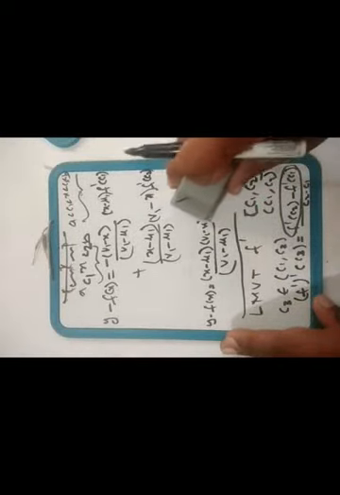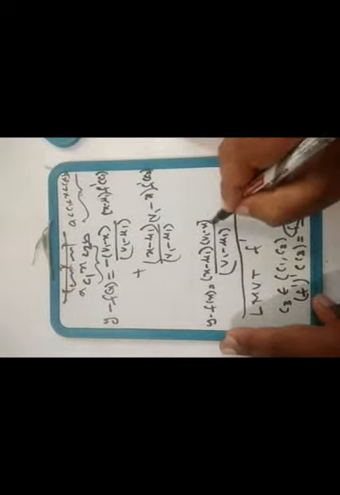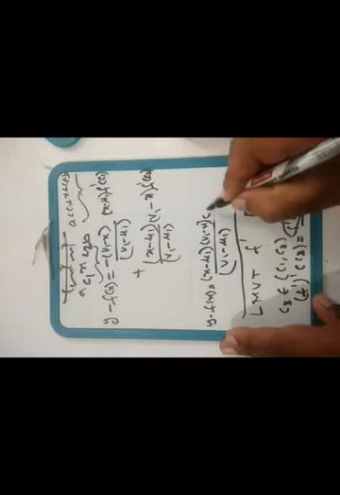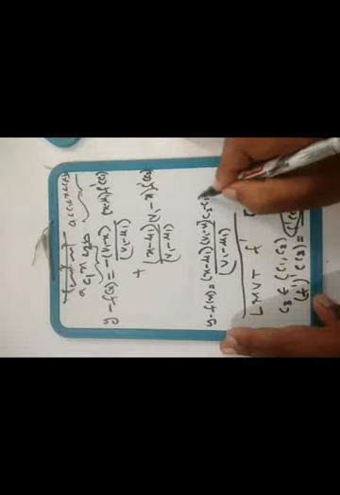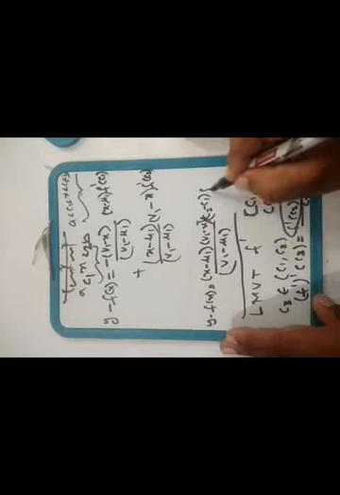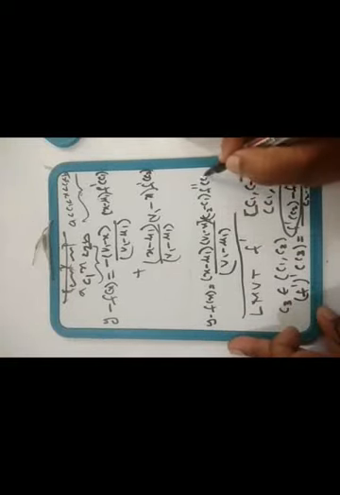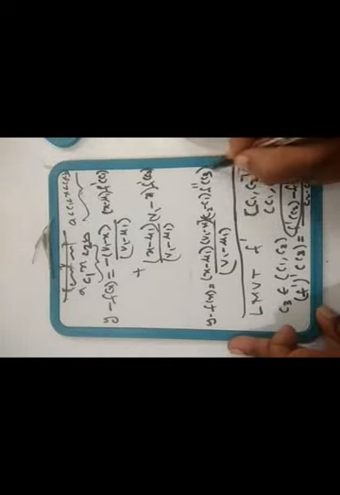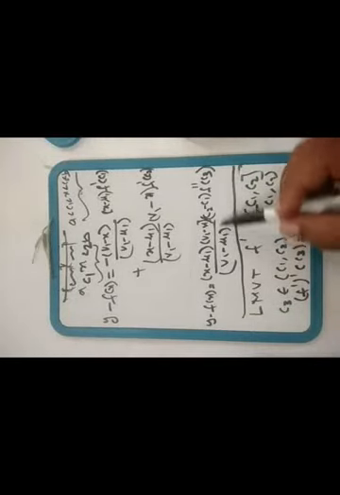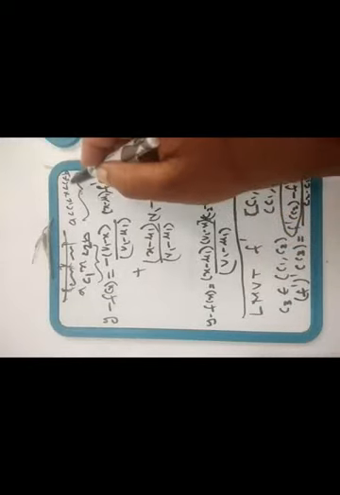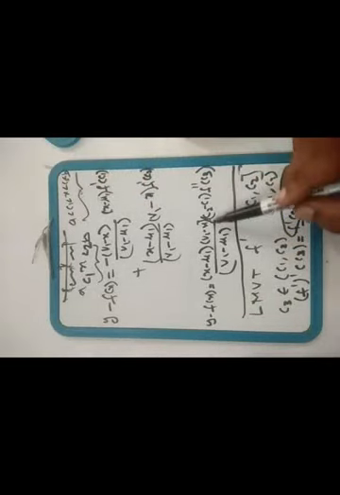So let's replace this one. What do we get? One more term: c2 minus c1 multiplied by f double dash of c3. Now observe the terms. c2 minus c1 is positive.